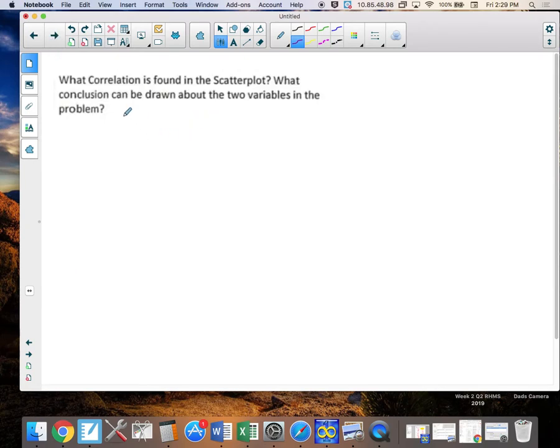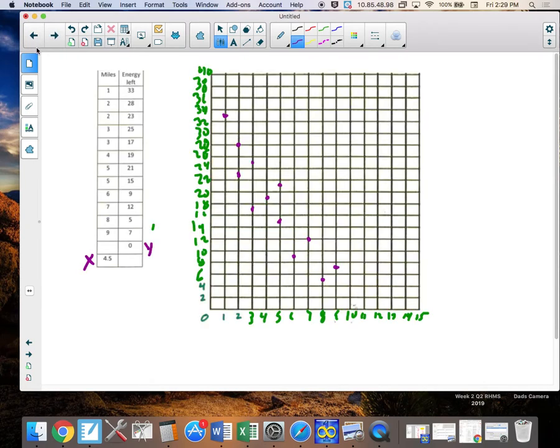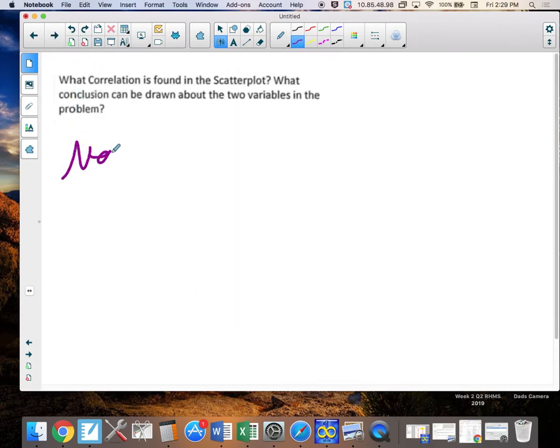First question, what correlation can be found? The points are not sloping up and to the right. Instead, they're sloping down and to the right. And down and to the right is negative. Negative means it's the opposite of what positive is. We all know that.